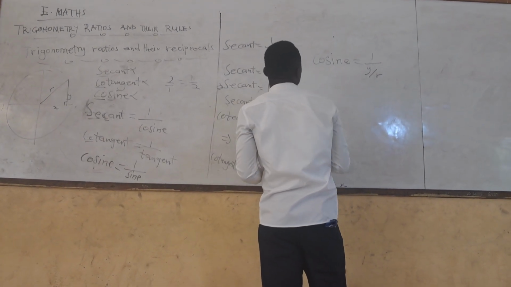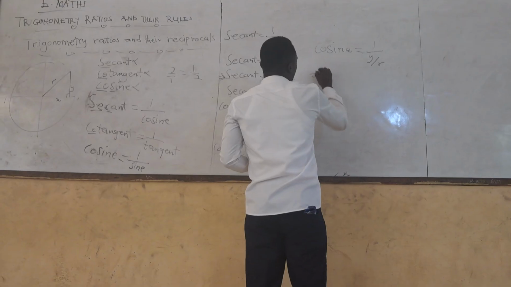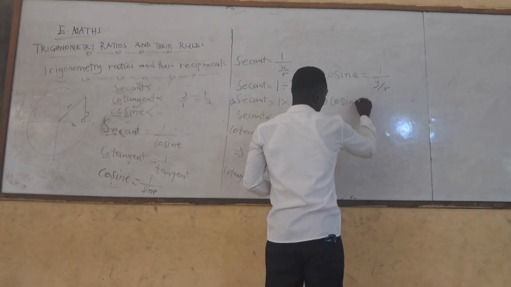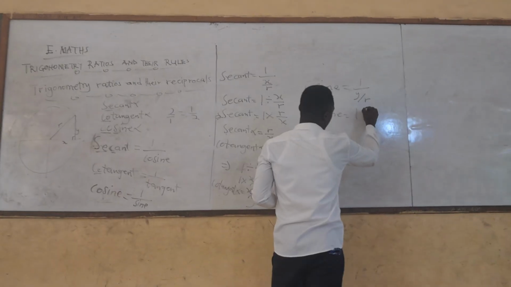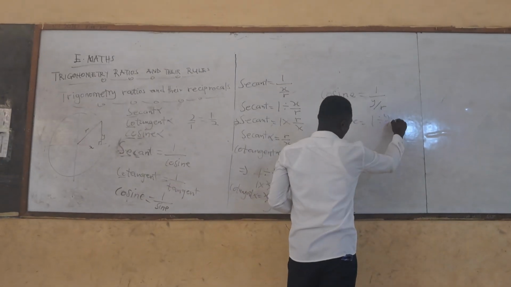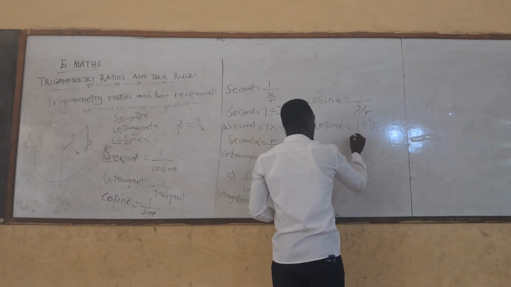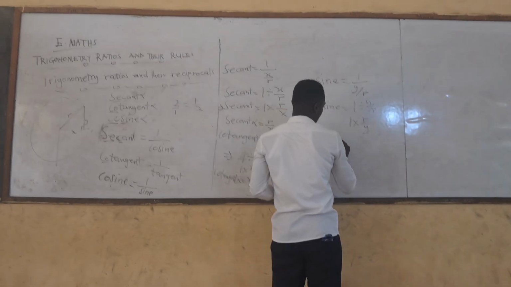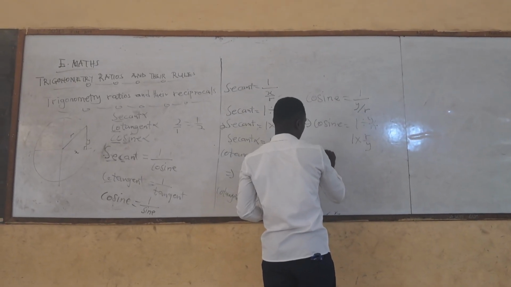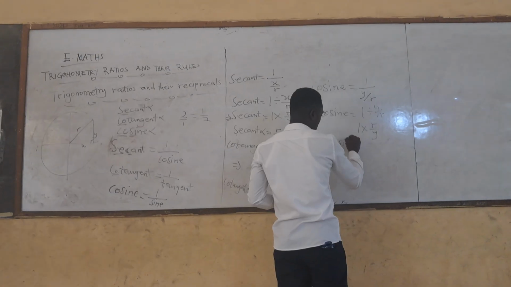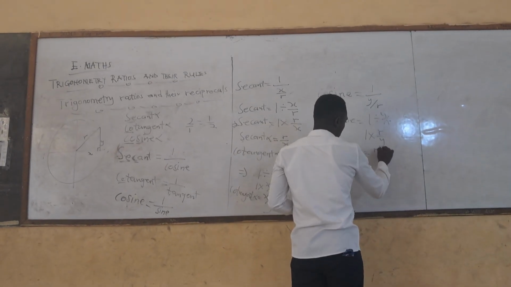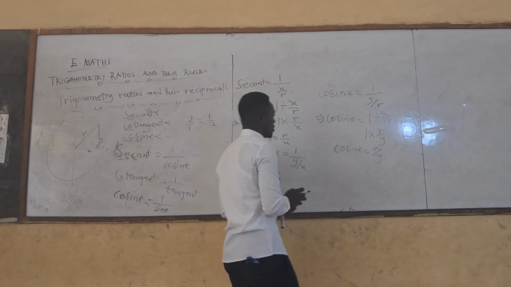So this simply means cosecant is equal to 1 divided by y over r. Therefore, this becomes 1 times r over y. Therefore, cosecant is equal to r over y.